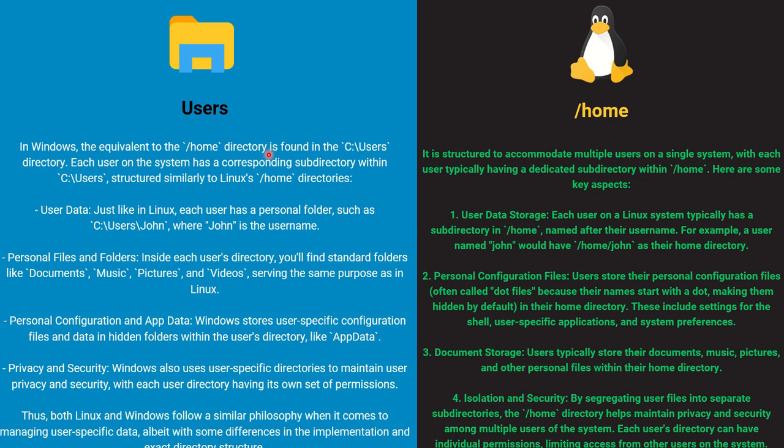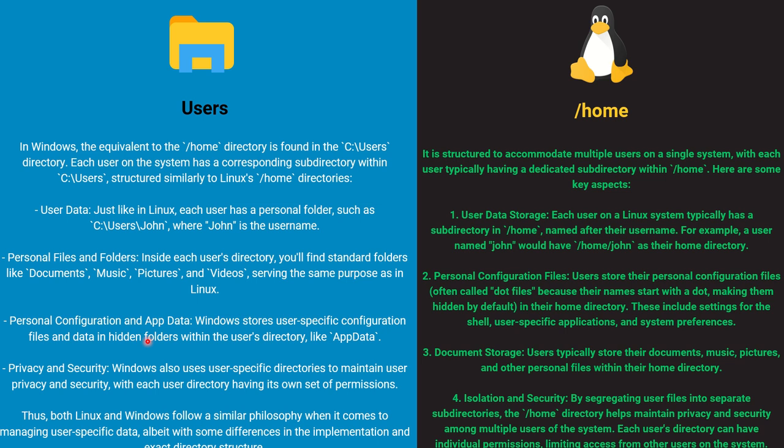So in Windows, you usually see C:\Users and then the username. So the concept is very similar. The C:\Users directory is for different users, multiple users who would be using the system. They will all have their own directory to store their personal files, personal configuration and app data.